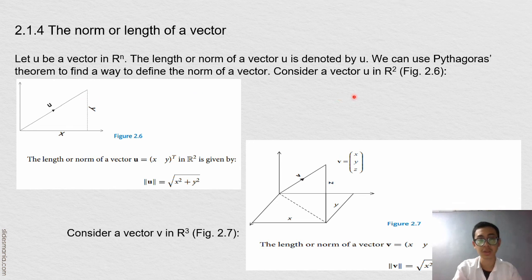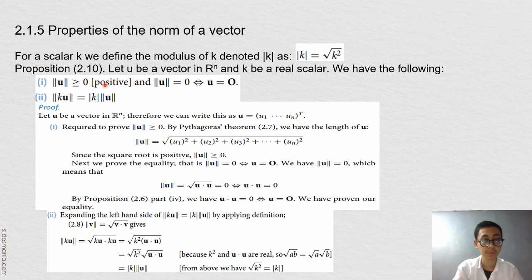Consider a vector u in R cubed, R squared. Properties of the norm of a vector. For a scalar k, define the modulus of k, denoted absolute k, as this one. Proposition 2.10. Let u be a vector of R n and k be a real scalar. We have the following.